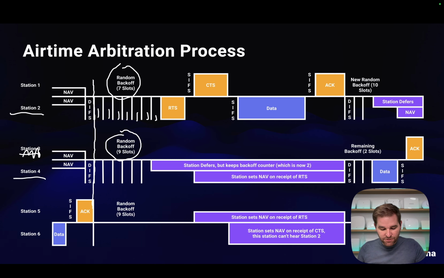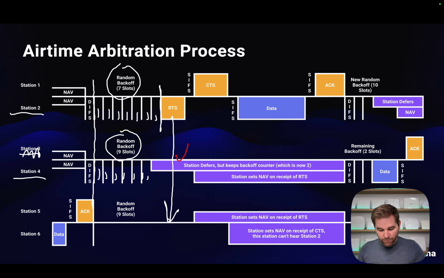So now it's going to transmit a request to send. Now, when that happens, remember that station 4 was also counting in its head. It was counting up to 9. It goes 1, 2, 3, 4, 5, 6, 7. Oh, something started talking before it got up to 9. So station 2 transmits its request to send. Everybody else on the channel hears that.